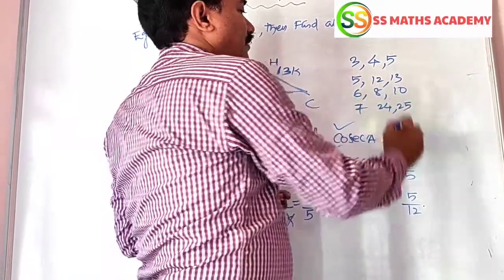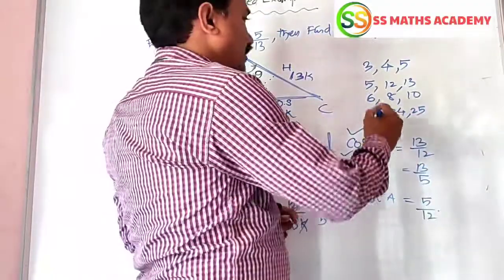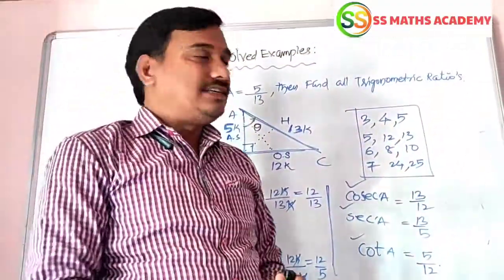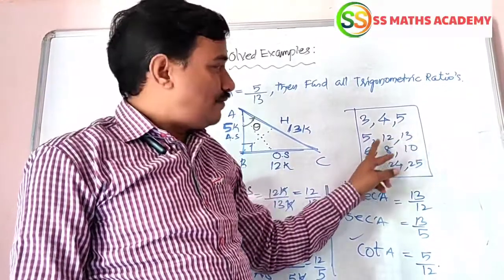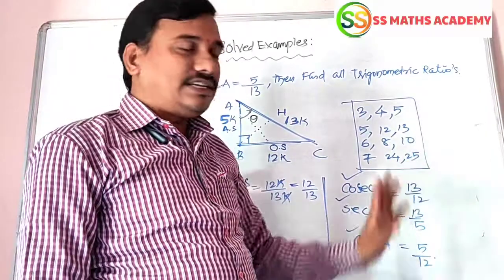Always keep these in your mind: 3, 4, 5, 5, 12, 13, 6, 8, 10, 7, 24, 25.